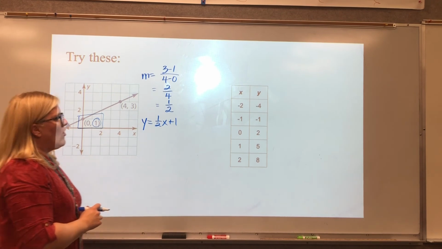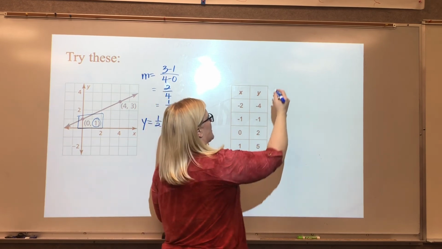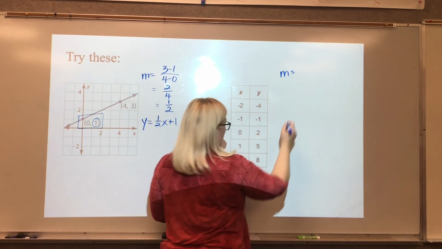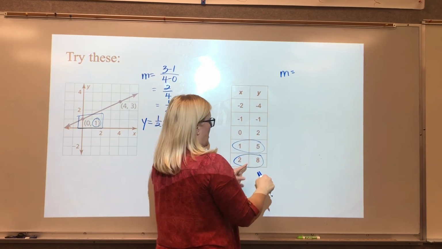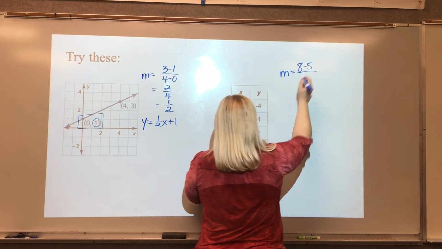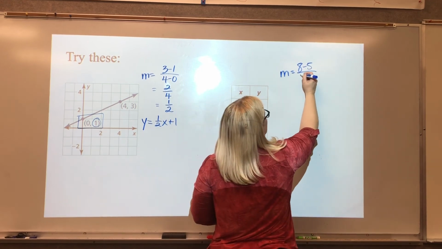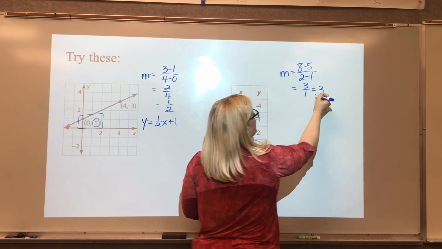Okay, over here, I'm going to use the formula again. And I think I'm going to use these, because they're positive numbers, they're just usually easier. I'm going to do y minus y over x minus x. So I've got 3 over 1, which is 3. So my slope is 3.